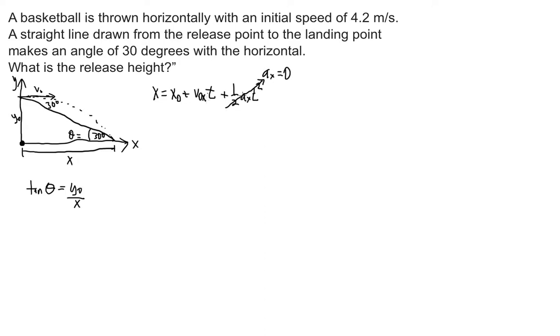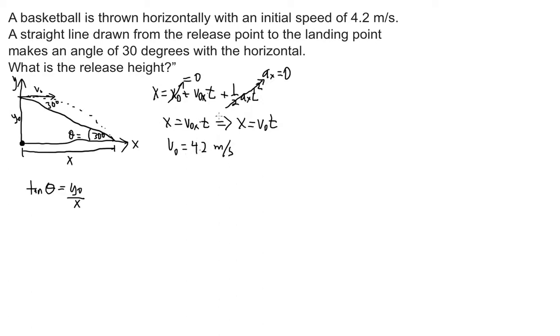So there's no acceleration from drag or anything like that. So I know that x is equal to v0x times t, and by virtue of what I've picked in the problem, v0 is all in the horizontal direction. So x is v0 times t. And v0 here is, just for the problem, 4.2 meters per second.